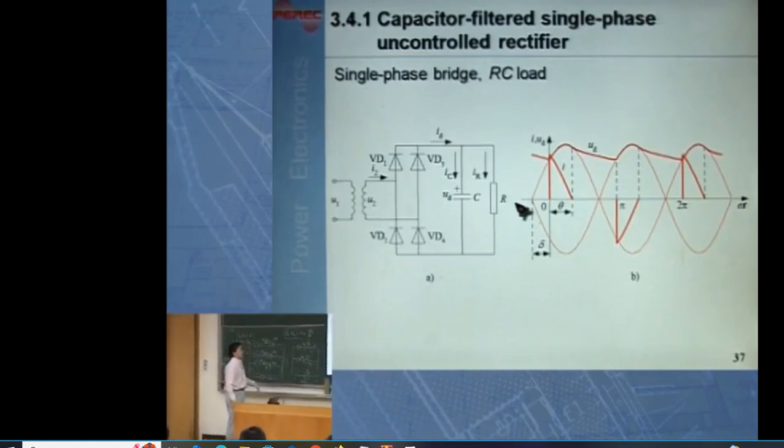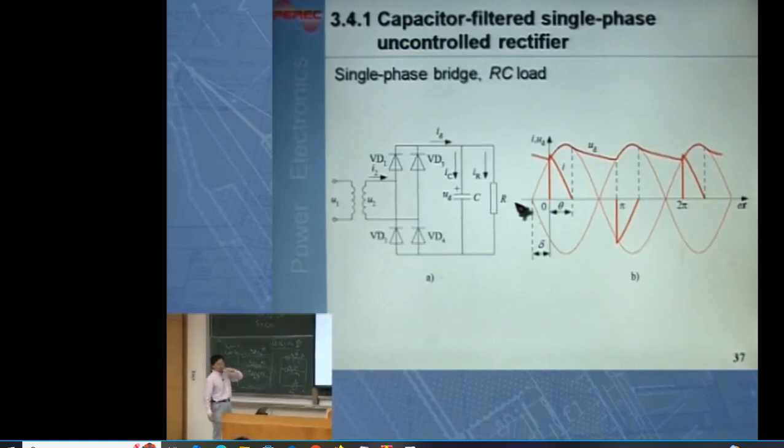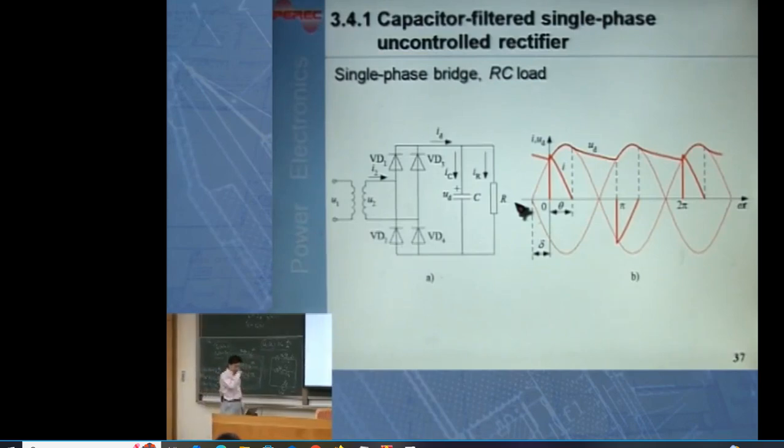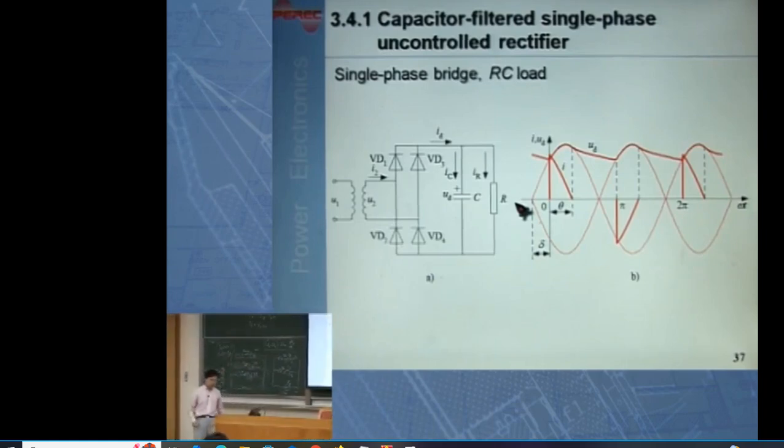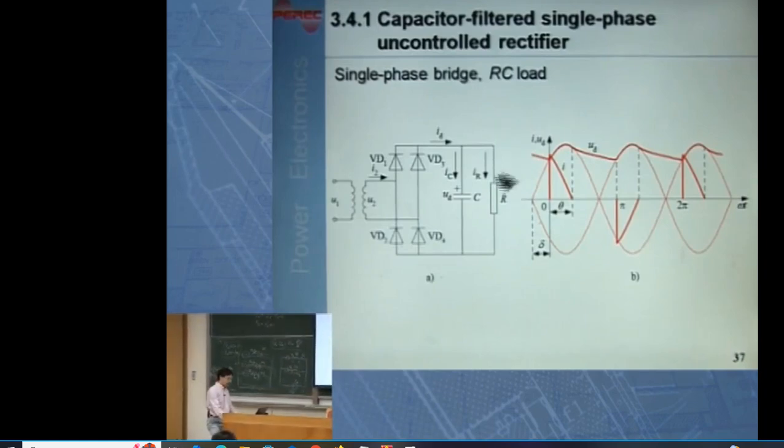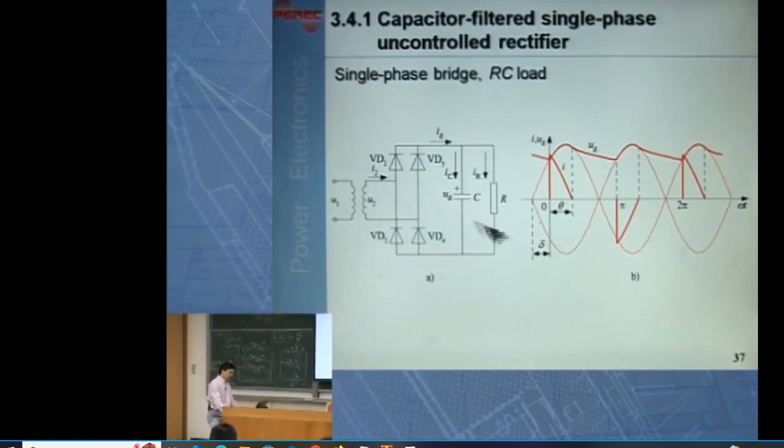Let's see, this is a single-phase bridge rectifier, and we took a diode rectifier first. The only difference between this one and the previous one we have already talked about is that the load is no longer just a resistor. The load is a capacitor in parallel with a resistor.